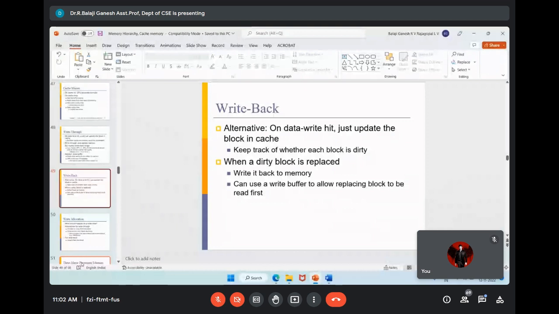This dirty bit is used to keep track of whether the particular cache block is modified or not modified. When the block is replaced, the blocks in the cache that are dirty will be transferred to the main memory.